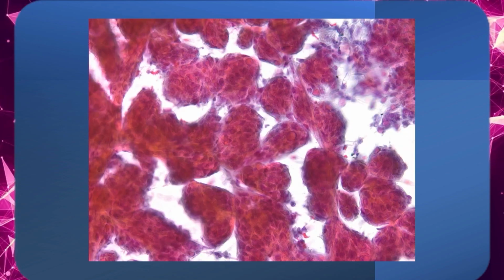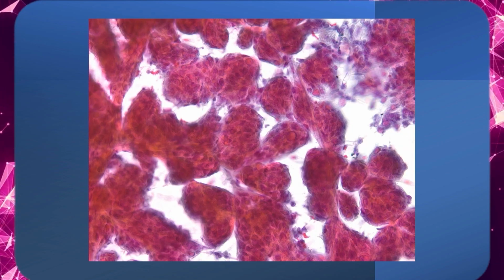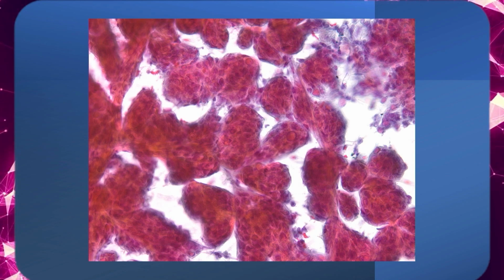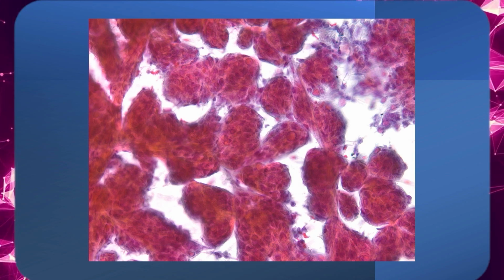More or enough? You can see the architecture, papillary, nested, or something else. Enough or more? Higher magnification? Nested or papillary? Papillary.